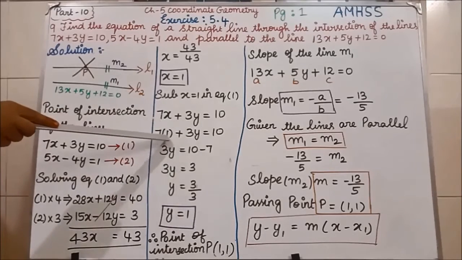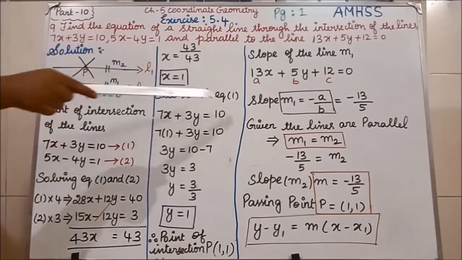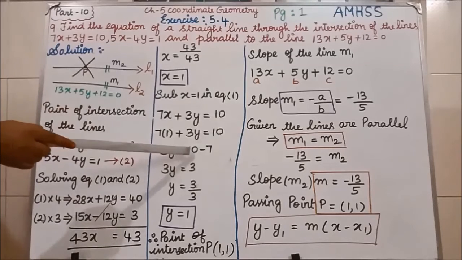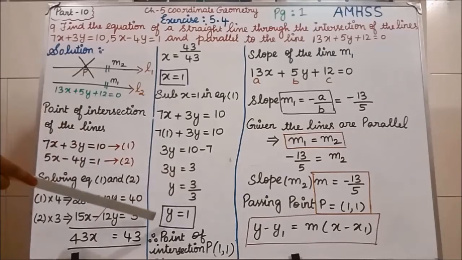That is a constant. I am taking it to the RHS part. 3y equal to 10 minus 7. Clear? So, 3y is equal to 3, since 10 minus 7 is 3. y is equal to 3 by 3. So, y equal to 1. The point is 1 comma 1.